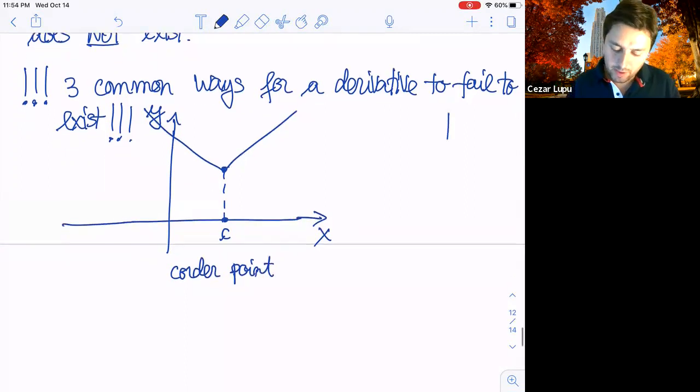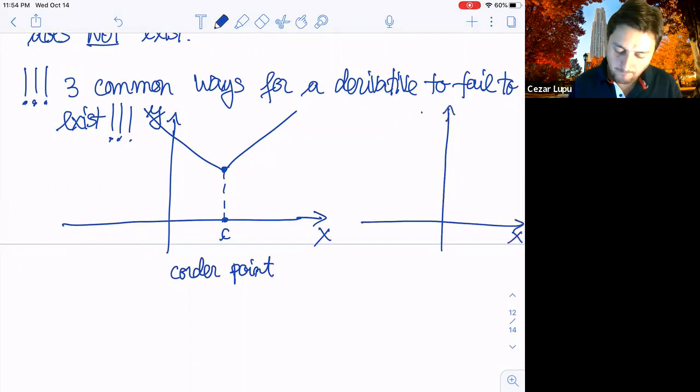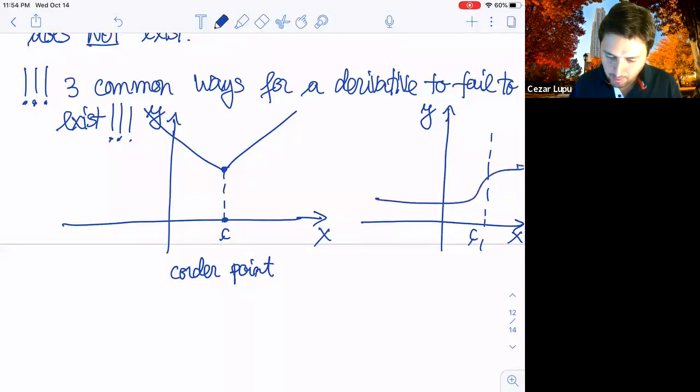And we have another scenario. We're going to have this point C here, and the graph will be something like this. So here is a vertical tangent.